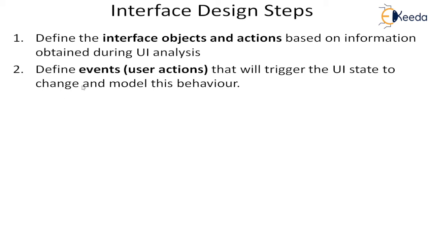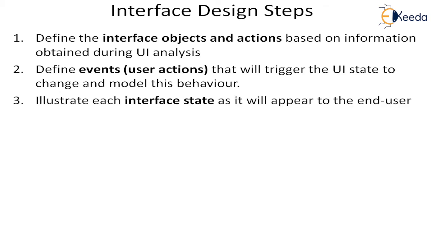Then we will define the events that will trigger the UI state to change and model this behavior. So whenever there is a state change due to some user action or some event, that also we will have to note, and we will have to create the model of this behavior, the change in the state.